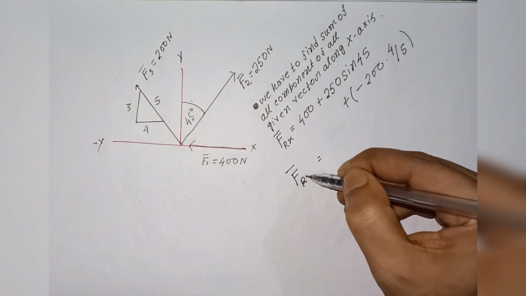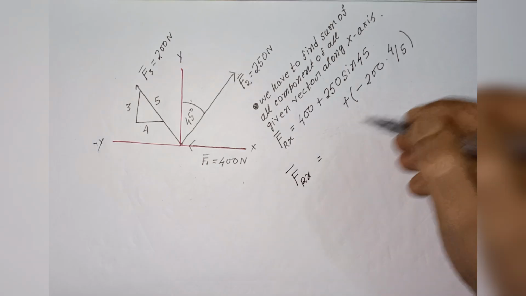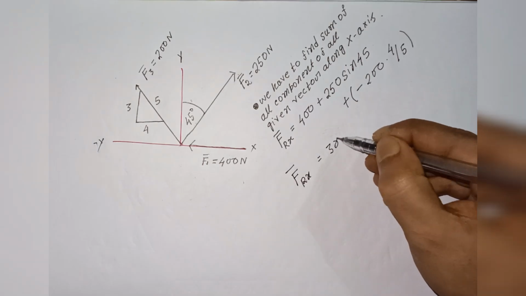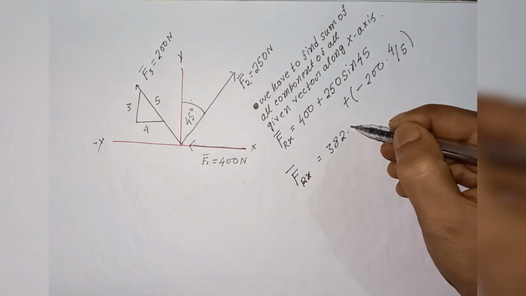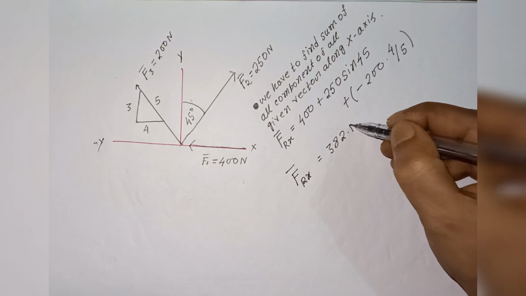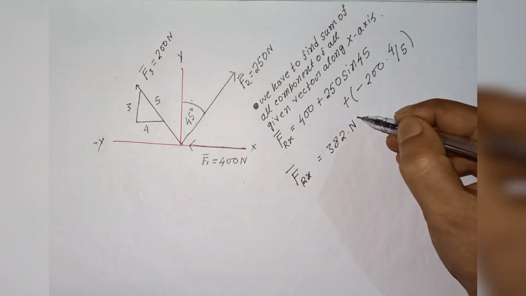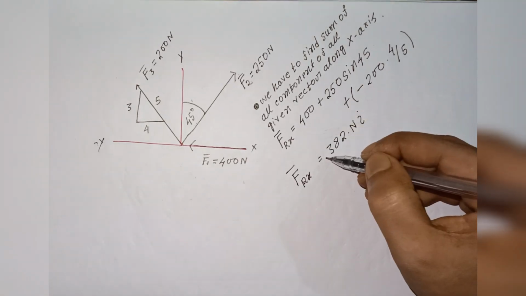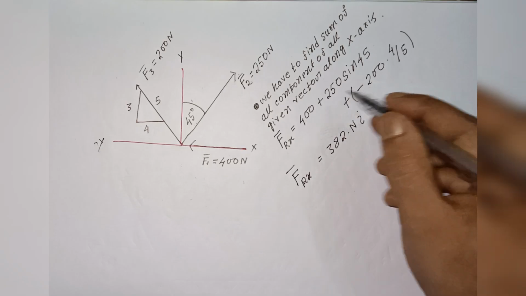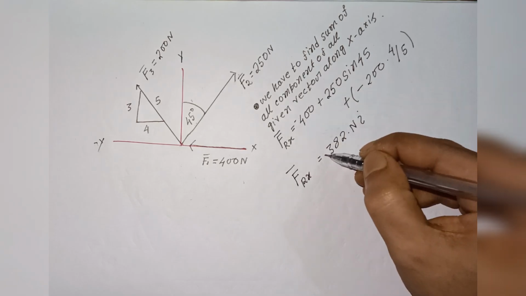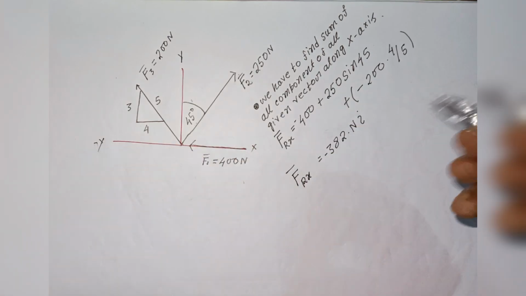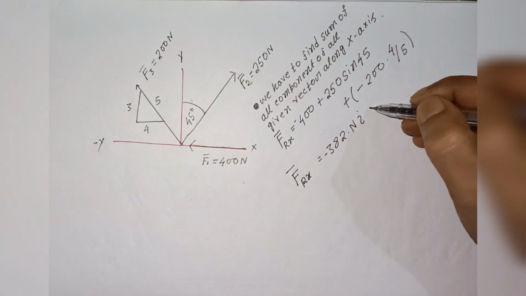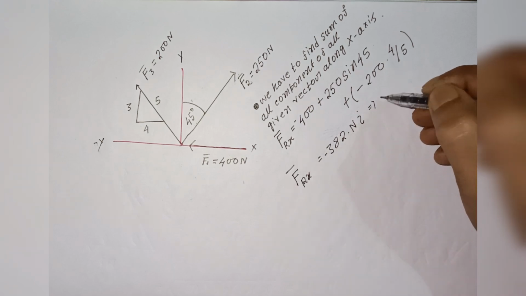So finally FRX vector is minus 382.2 i cap Newton, because it is along the x-axis.